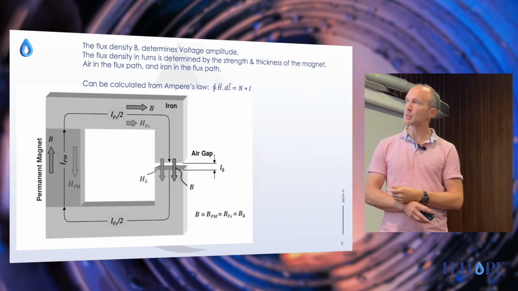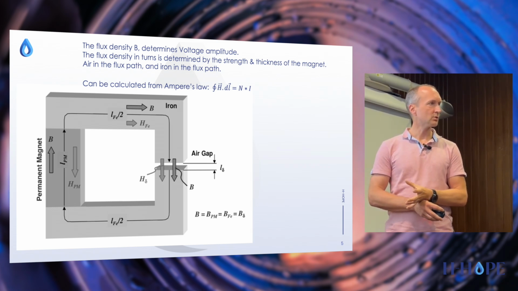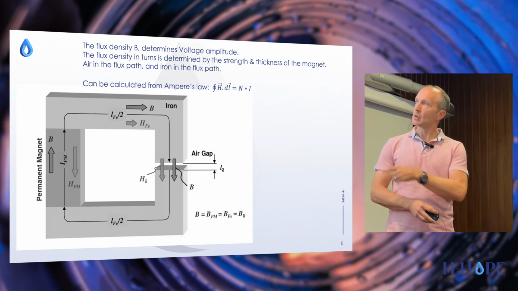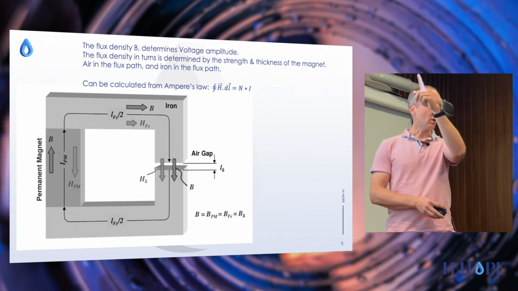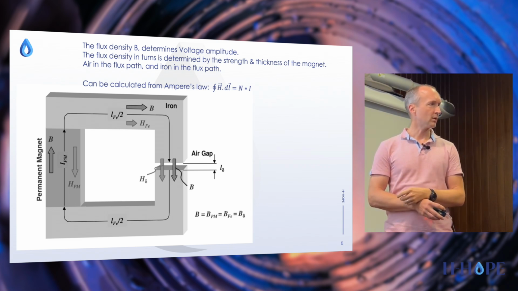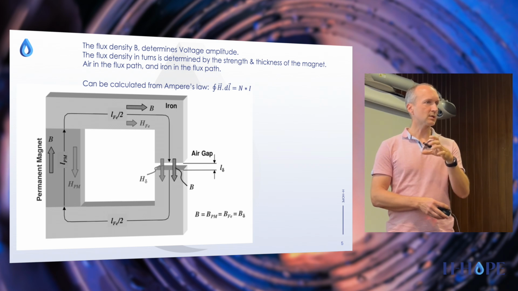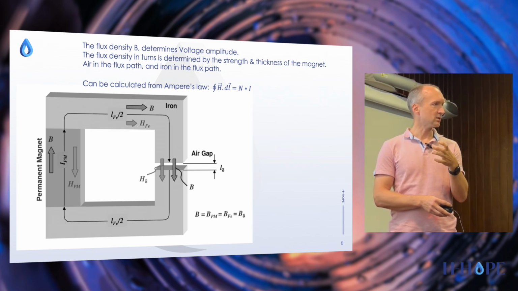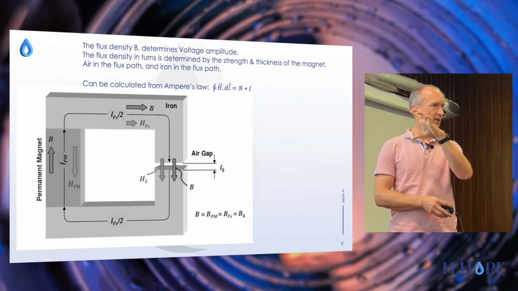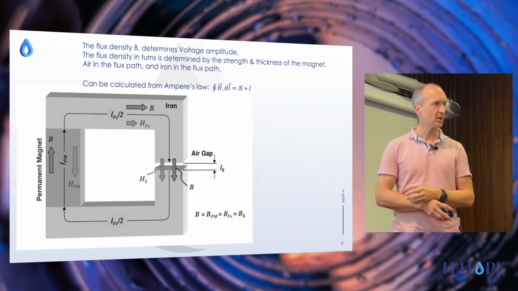This is the main reason why we want stator steel to guide the flux, because somewhere along this flux path we will put a coil, and we want the flux density inside that coil to be as high as possible. So we need to concentrate the flux, and the way we concentrate it is by leading the flux density inside the stator steel.